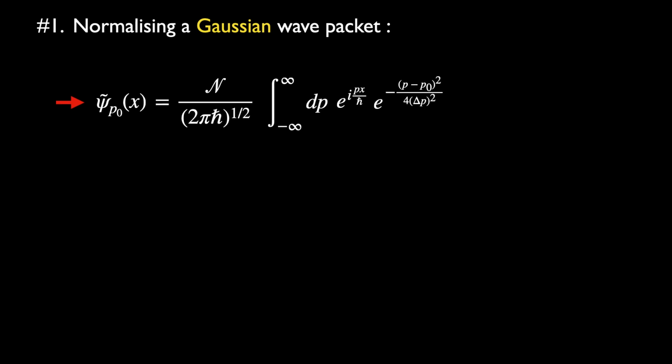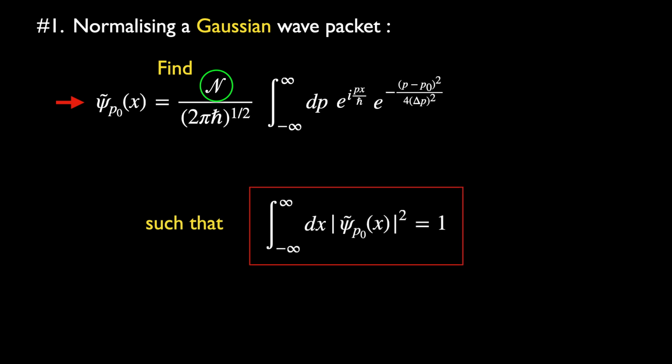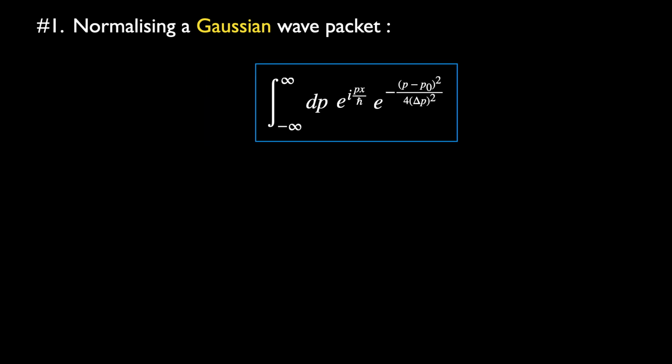In the last lecture, you were asked to find a constant n, such that the normalization condition is satisfied. To do this, we must first find the wave function psi tilde by calculating the integral in the blue box. We can simplify the form of the Gaussian function by changing variable this way.